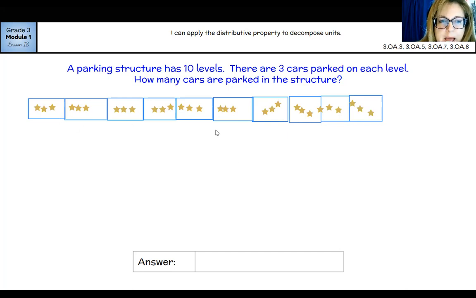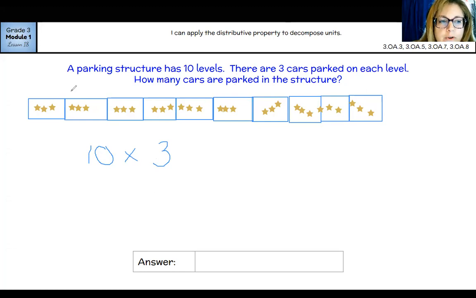So what I have is 10 levels with 3 cars per level. So I could say, well, I need to know how many cars are on 10 levels. That's pretty big. I would have to skip count by 3 10 times or 10 3 times, we know commutative property. But I could also break this apart and use the decomposition method.